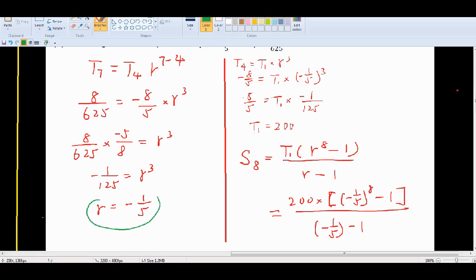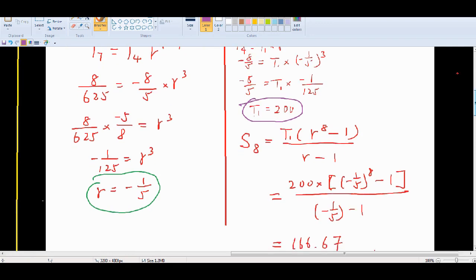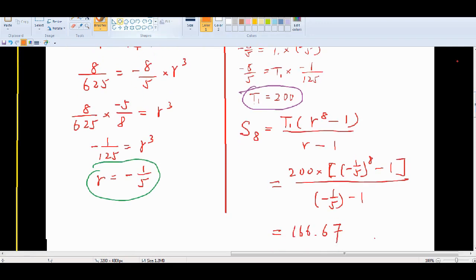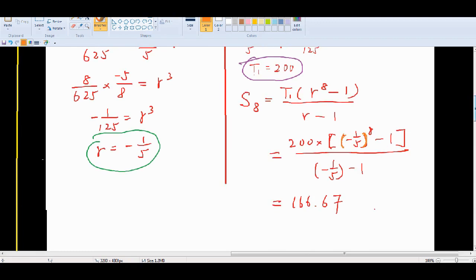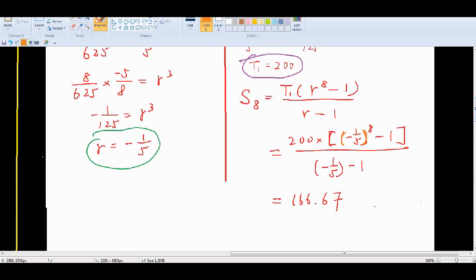Remember, you need to find R, you need to find T1, then you got enough components for S to power 8. Again, bracket is important here. You need that bracket for the calculator, and if you use your calculator properly, then that will be the answer. Alright, that's it.